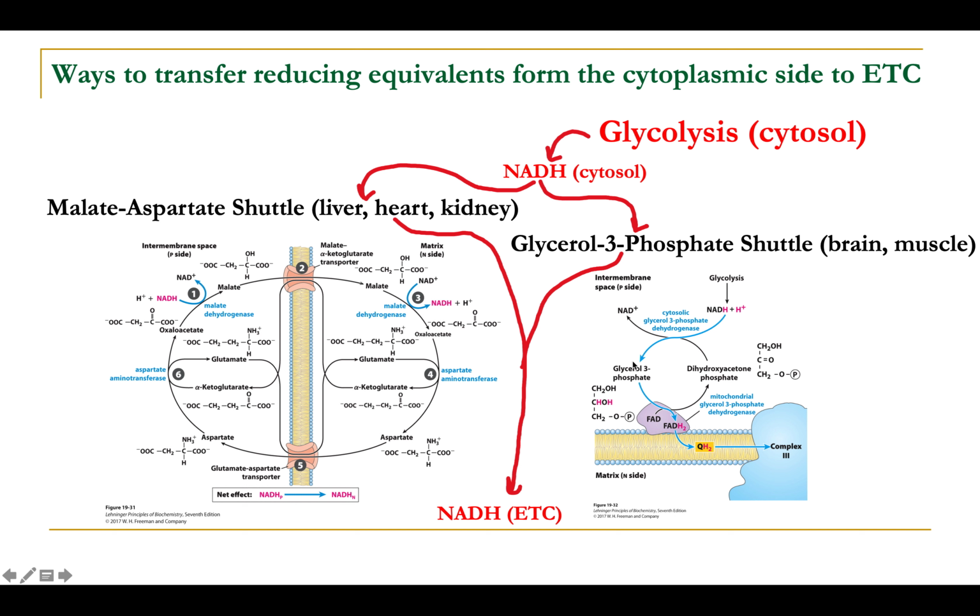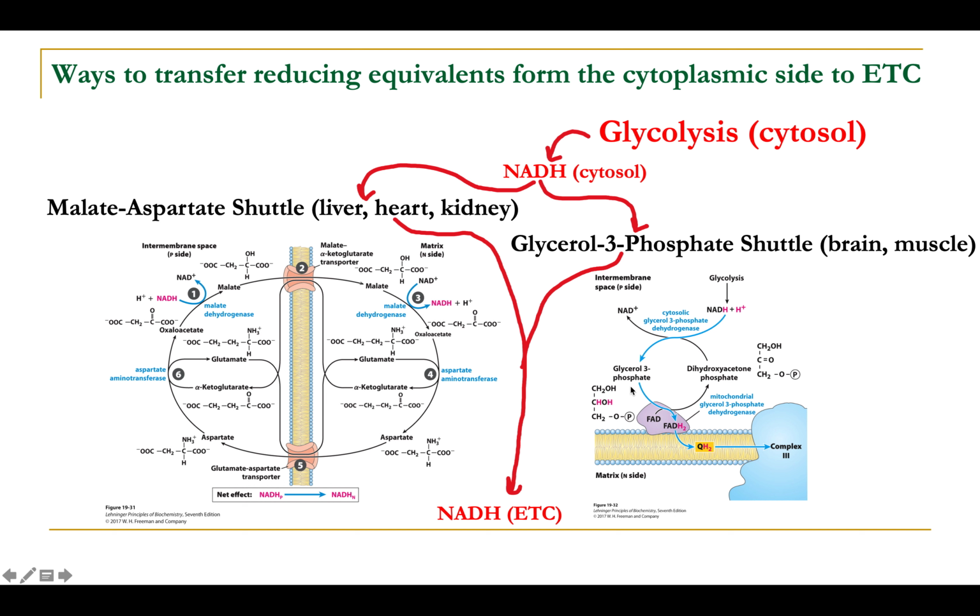The glycerol 3-phosphate is in turn oxidized back to dihydroxyacetone phosphate by glycerol 3-phosphate dehydrogenase, a membrane-associated protein which is associated with the inner mitochondrial membrane.